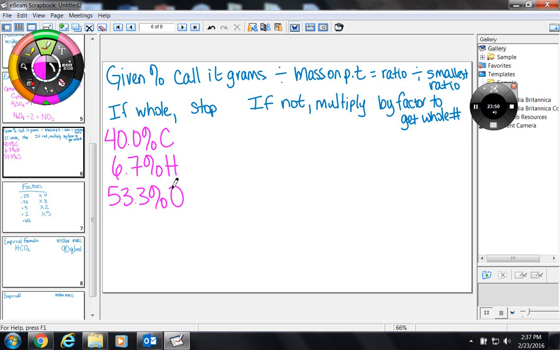All right. What would we do first? What do our steps tell us? Divide by the mass on the periodic table.